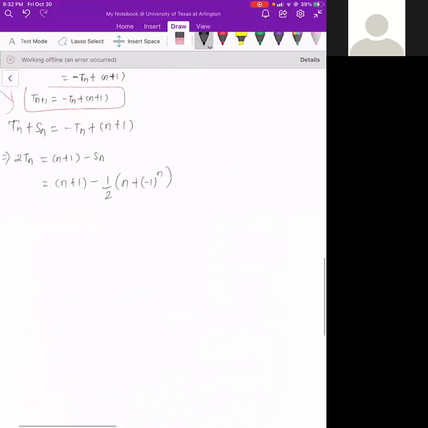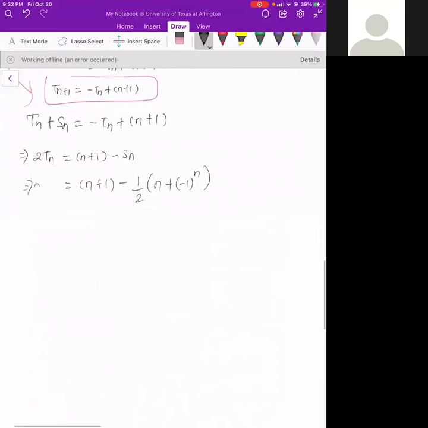Now after doing some simplification, we will realize that there will be some algebraic simplification over here. So this is 1 minus 1/2, which is going to give us 1/2 n, and then I have plus 1 minus 1 to the power n.